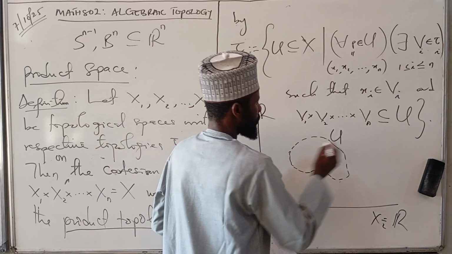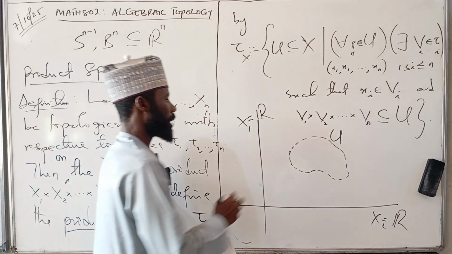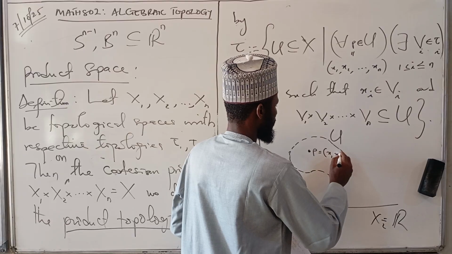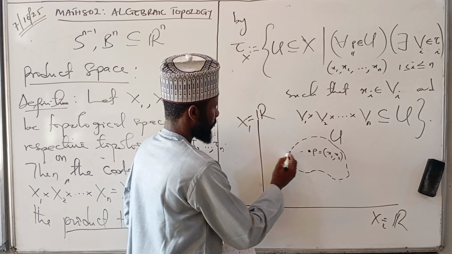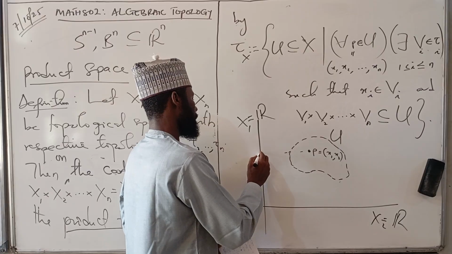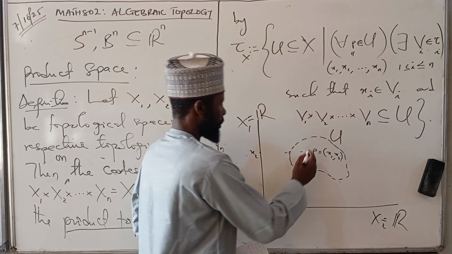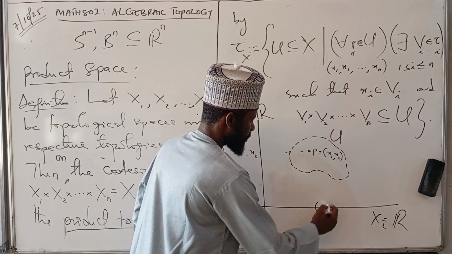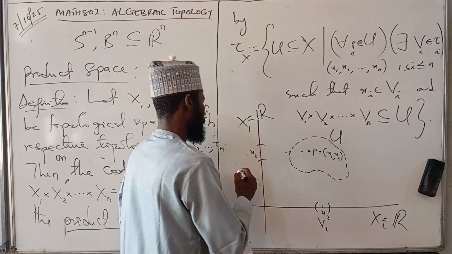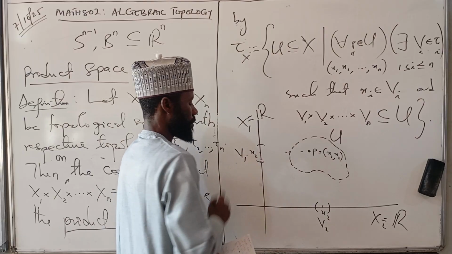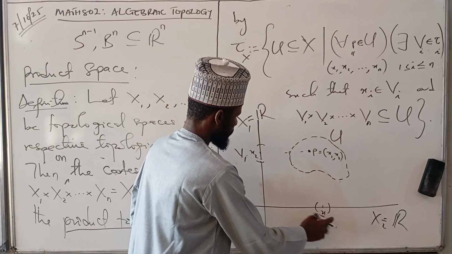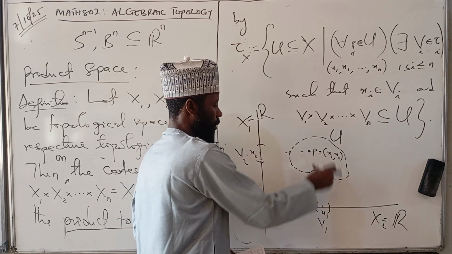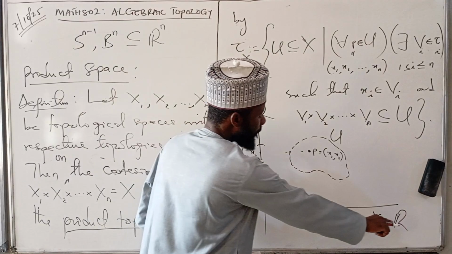This is my U. It will be open if and only if for every point in here, a point P having coordinates x1, x2, there is a neighborhood V1 and a neighborhood V2. So there is a neighborhood of the coordinates in here.